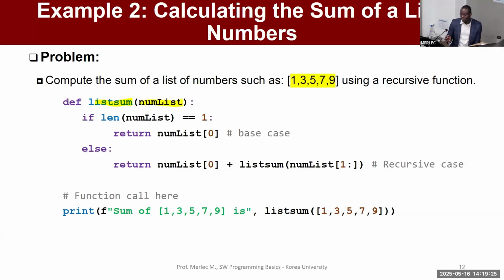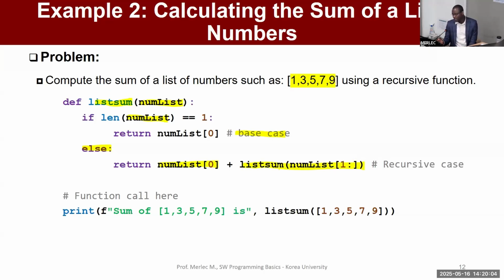And then it has to check the length of the list. If the list has only one element, in this case, it will be the exit case, the base case. If the list has more than one element, it will go to this else case, and then it will take the first element of the list, and to that it will add the function of the sum of the remaining elements of the list.